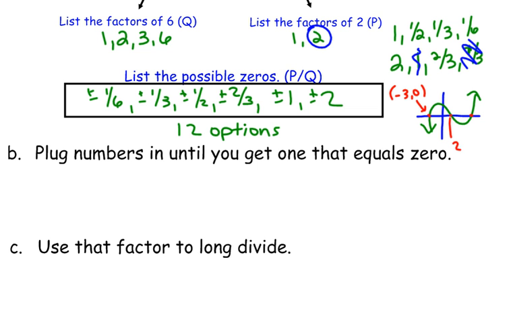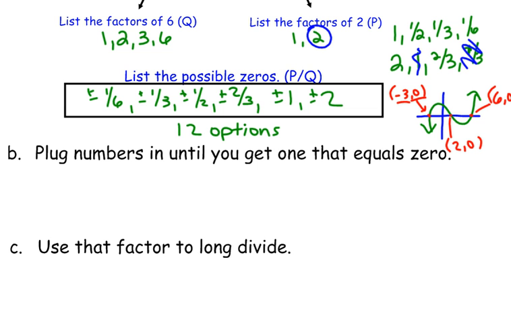This point would be, let's say, 2, 0, and this point is, say, 6, 0. Notice all of my y-coordinates are 0. So when I plug in this value, whatever the number is, if it's a zero or a solution or a root, I'm going to get 0 when I plug it into that equation. Because when I plug it in for x, I should get 0 for y.